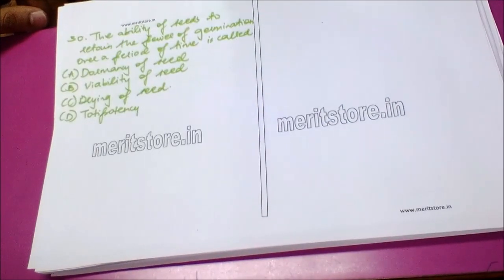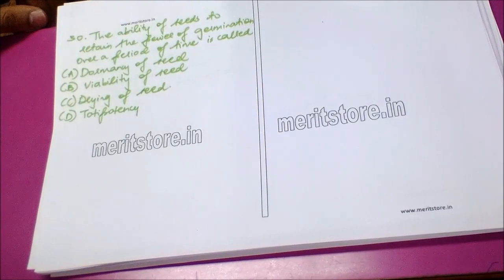The ability of seeds to retain the power of germination over a period of time is called option A, dormancy of seed, option B, viability of seed, option C, drying of seed, and option D, totipotency.